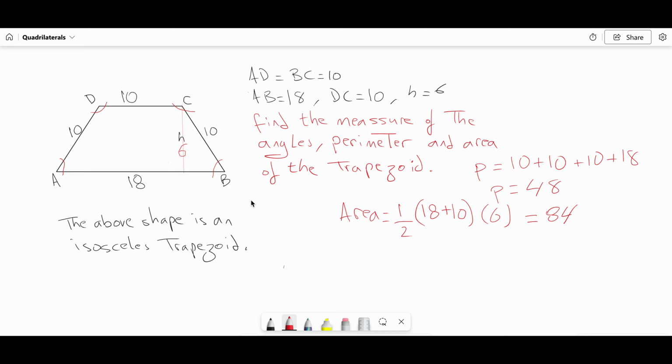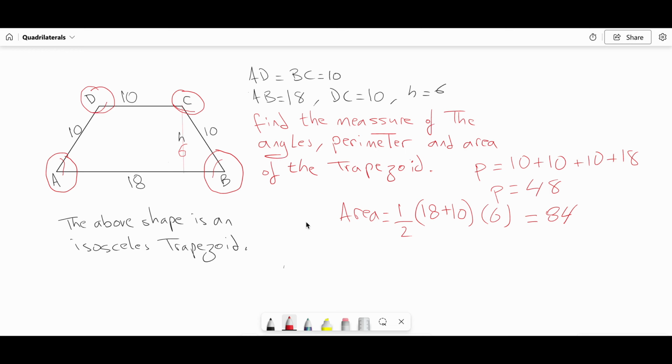Now let's see, we know from the properties of trapezoid that the base angles, these two angles here, when we're dealing with an isosceles trapezoid, we know that the base angles are equal. And also these two angles here, angle D and angle C, are equal.